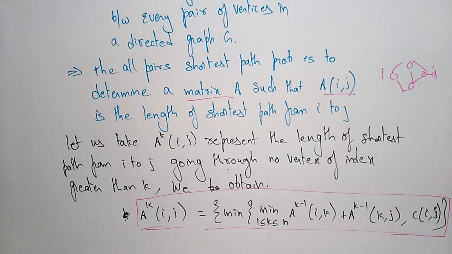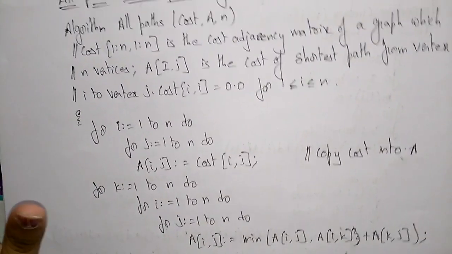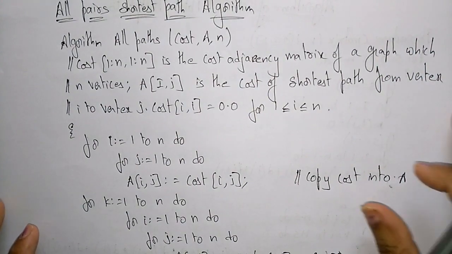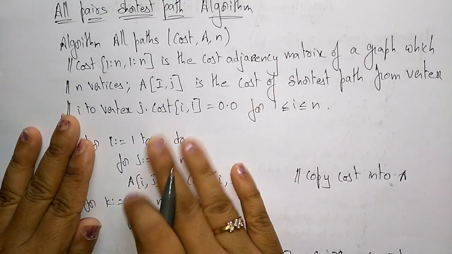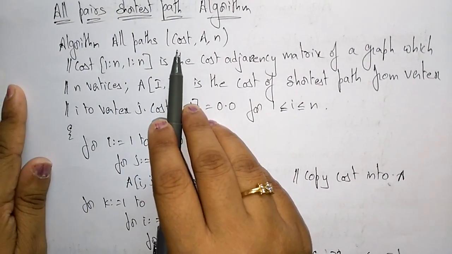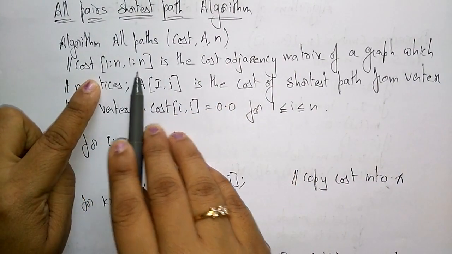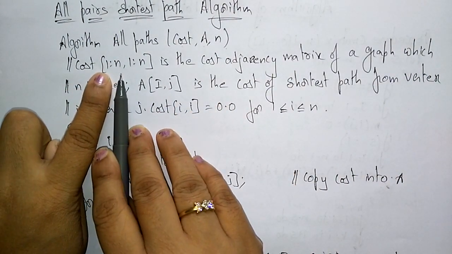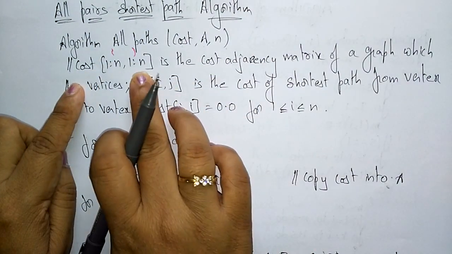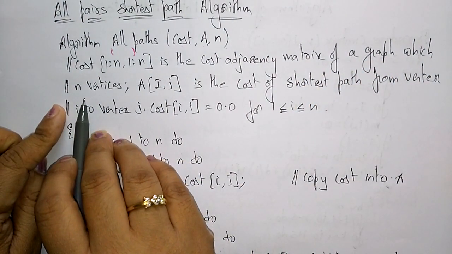So let me show you the algorithm for this all pairs shortest path. Before going to the example, with the help of this algorithm we will solve the example. So algorithm all pairs, here we have taken the attributes as cost comma A comma n. Let us take a cost of 1:n. 1:n is a cost adjacency matrix of a graph which has n vertices.